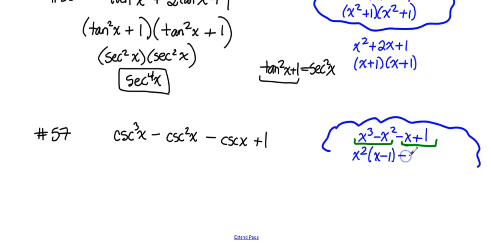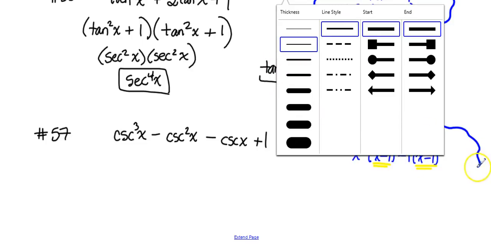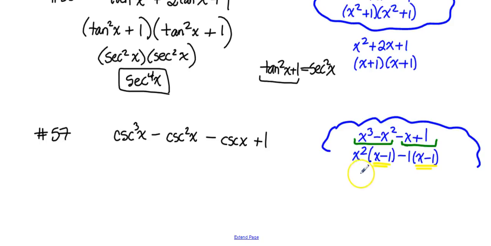Factoring out a negative 1 from the second grouping leaves behind x minus 1. And then notice the common term, x minus 1. So to complete the factor by grouping, if I literally factor out x minus 1, it would leave behind x squared minus 1.